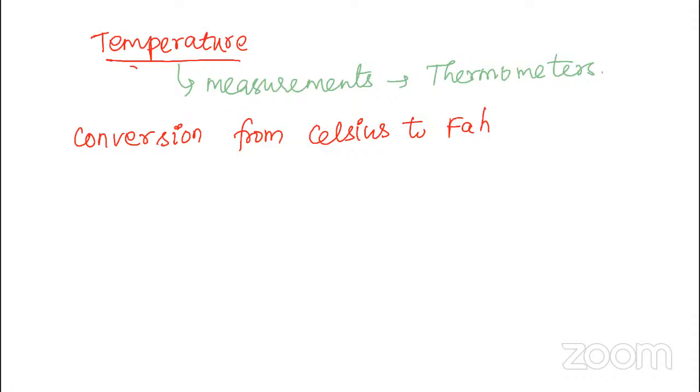To convert Celsius to Fahrenheit we are using the formula: 9/5 degrees Celsius plus 32.